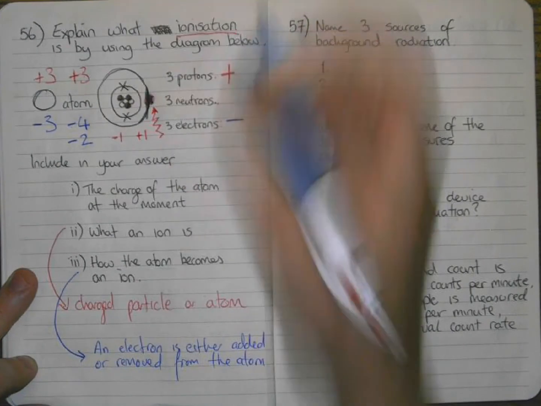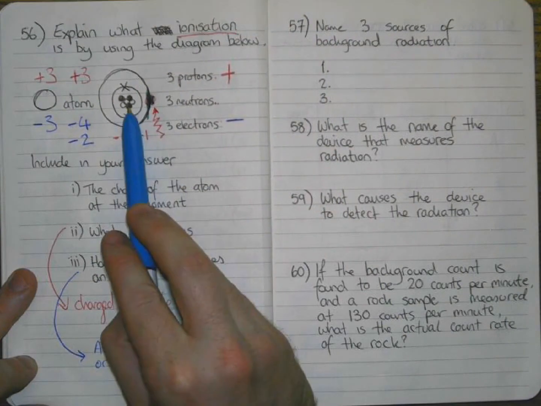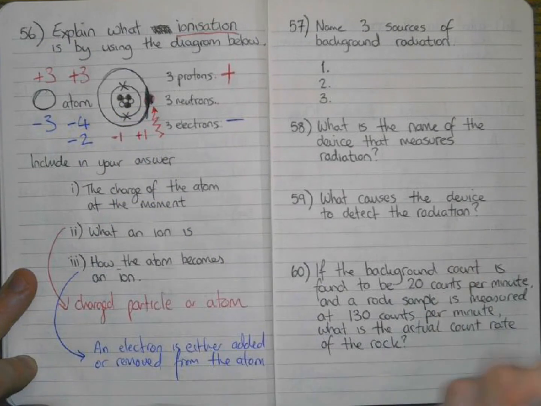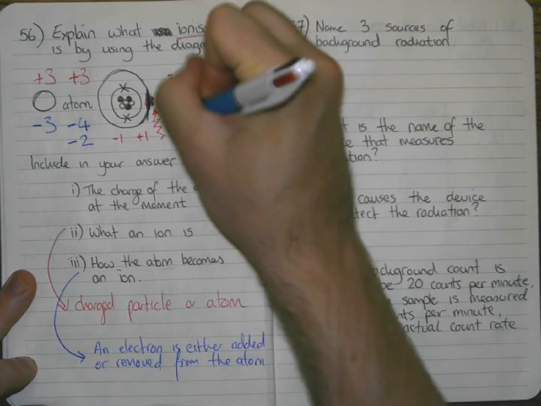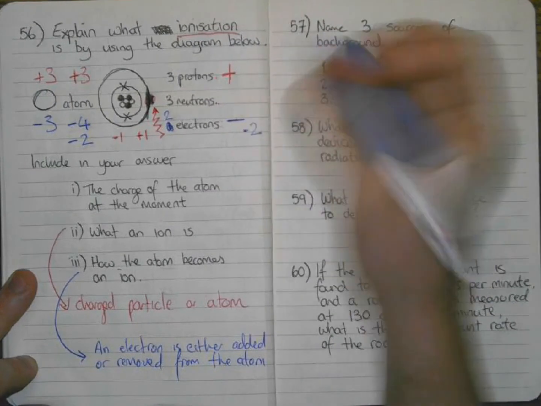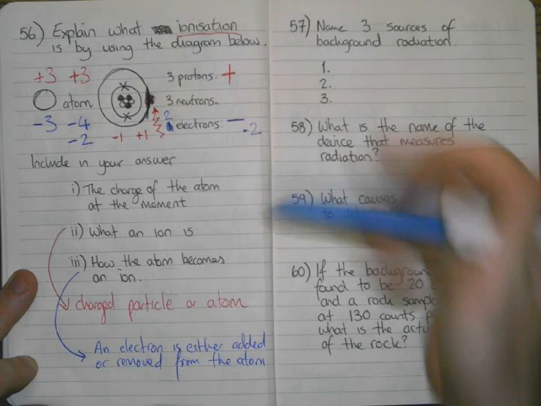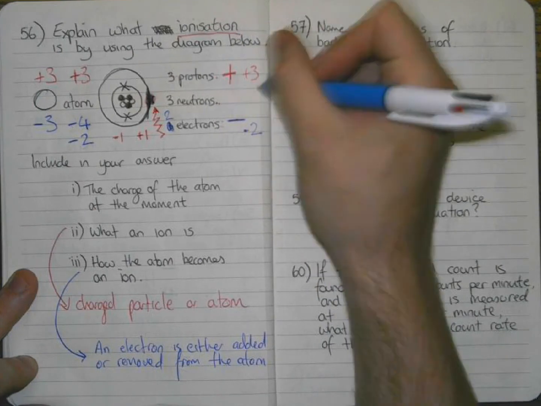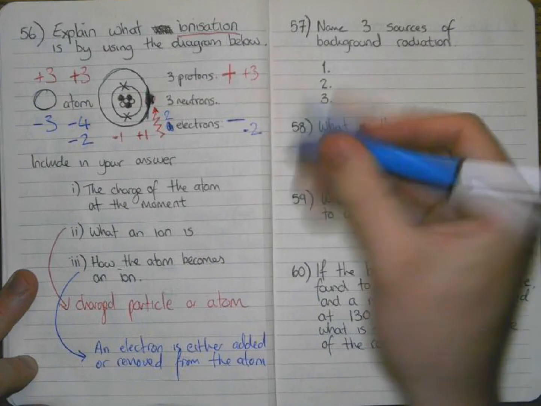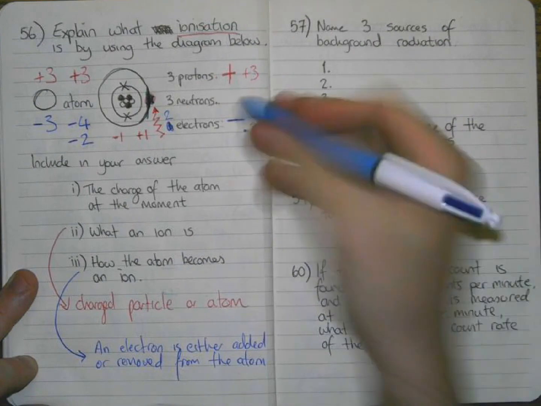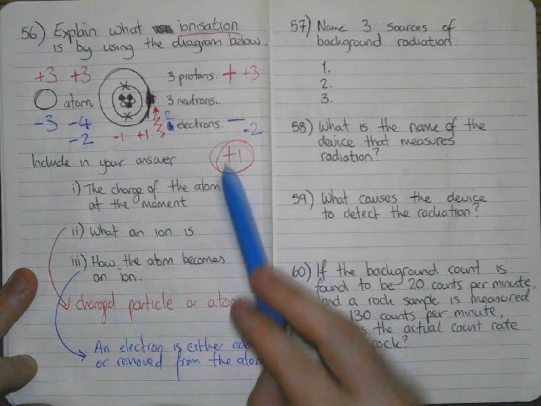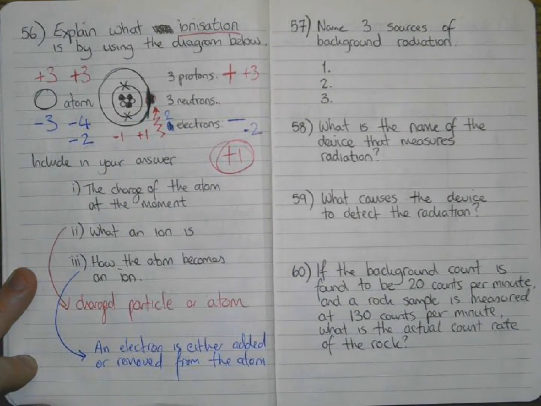And now we can see that the atom has 3 protons, 3 neutrons, but only 2 electrons. So the charge of the electrons is -2, the charge of the protons is still +3, neutrons is 0, so the overall charge +3 -2 is +1. Therefore, by getting rid of that electron, we've created an ion, a charged atom.